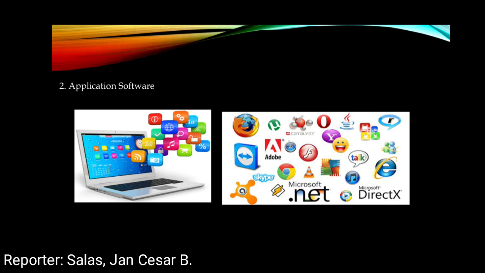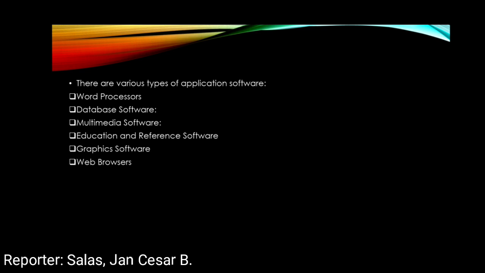So, meron tayong mga ibang example na application software tulad ng word processor software. Yung word processor software naman is this application for documentation. Along with that is also help storing, formatting, and printing documents.